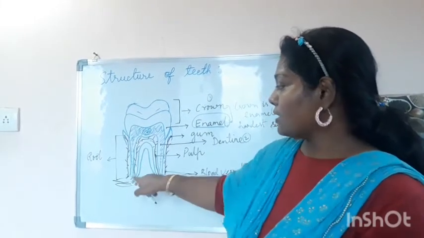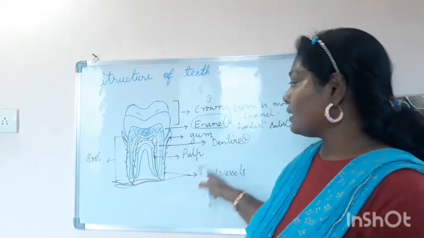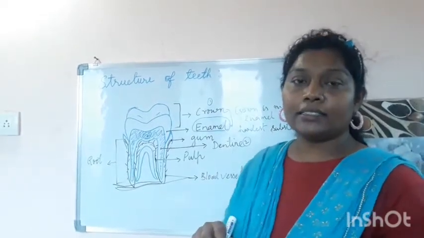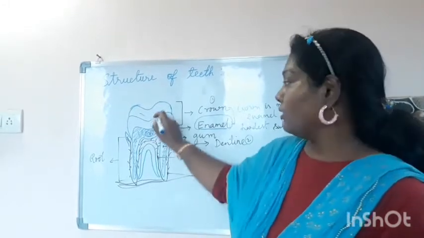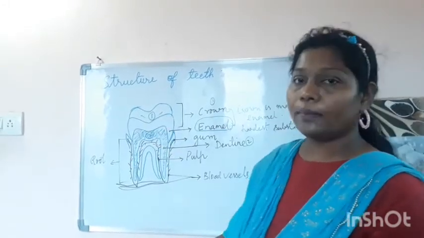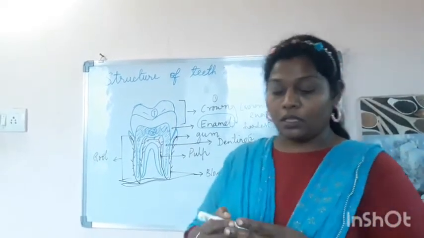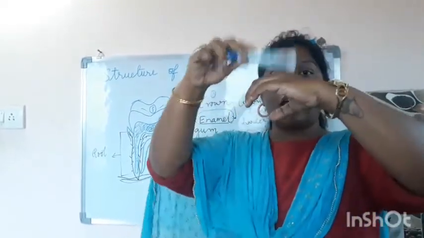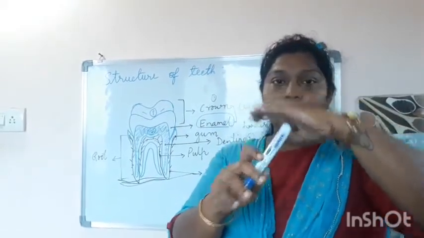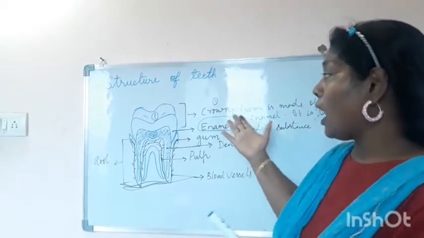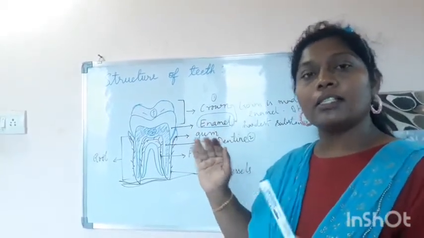See here, children. The shaded portion is called dentine. This dentine is present just below the crown. If I keep the crown as number 1, we can take the dentine as number 2. If this is the crown, below this we have the dentine. It is not as hard as the crown, but it is semi-hard.